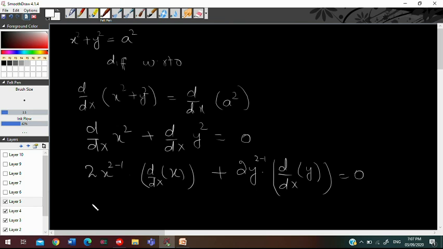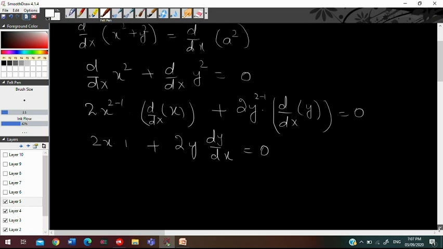So 2x, derivation of x with respect to x is 1, plus 2y, but here we don't have the answer of this, so we write dy by dx is equal to 0, because the variables are different, so we can't write dy by dx is equal to 1.